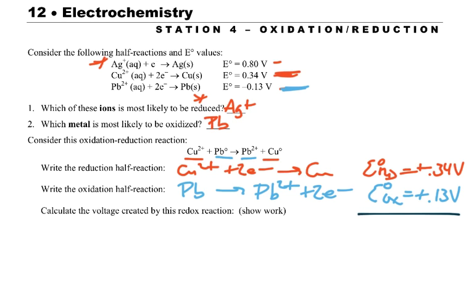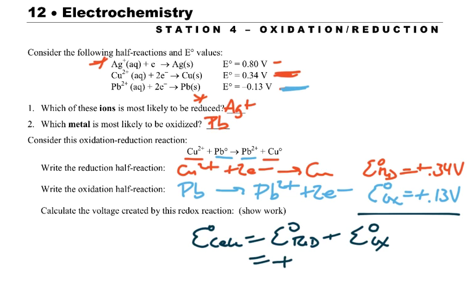And to get the voltage of the cell, we just add these two together. So the E of the cell is equal to the reduction potential plus the oxidation potential, which in this case is positive 0.34 volts plus positive 0.13 volts. And so that comes out to be positive 0.47 volts.